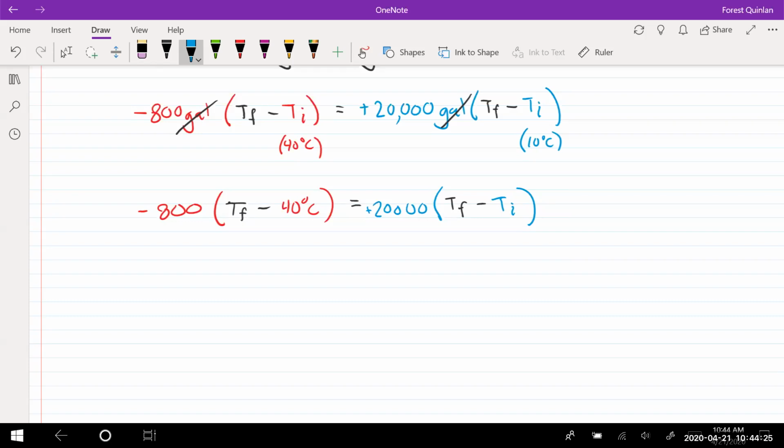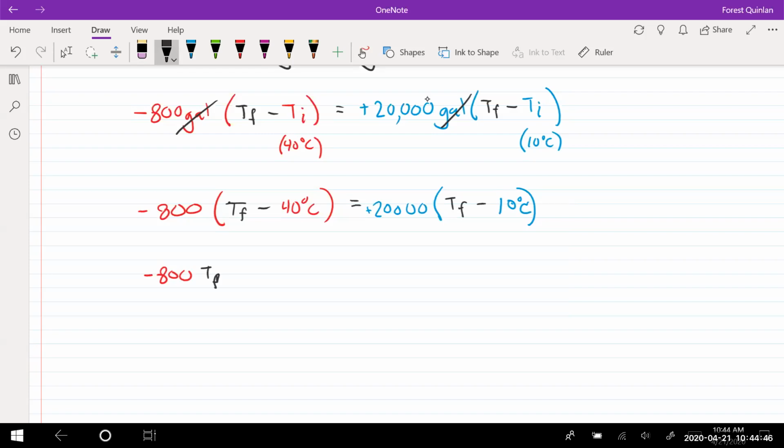At this point, guys, it is algebra and keeping track of your negatives. Shouldn't you put the 10 degrees Celsius in as negative? Oh, sorry. Thank you. Sorry about that.